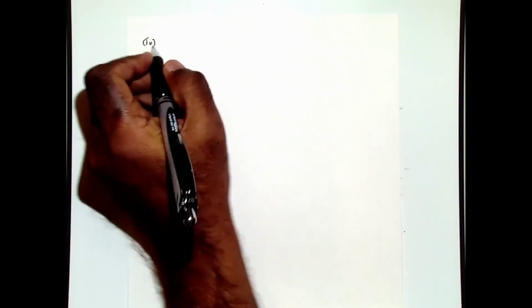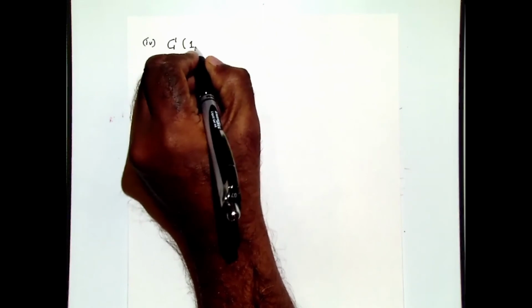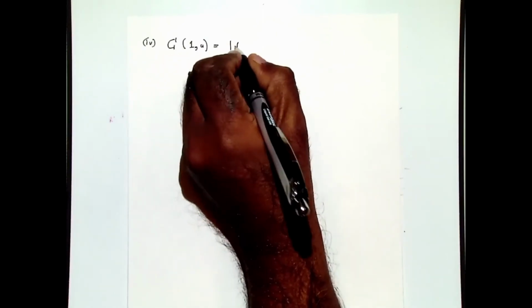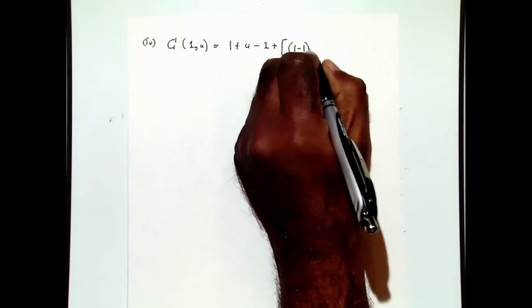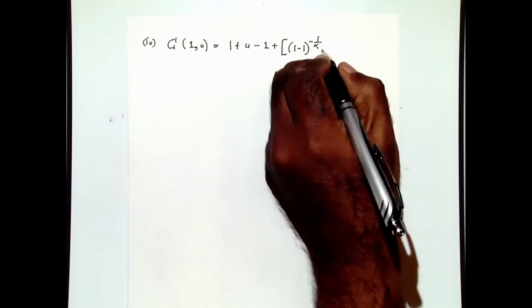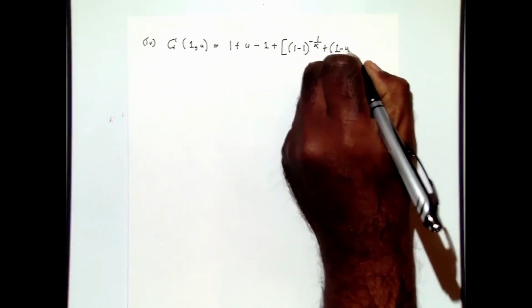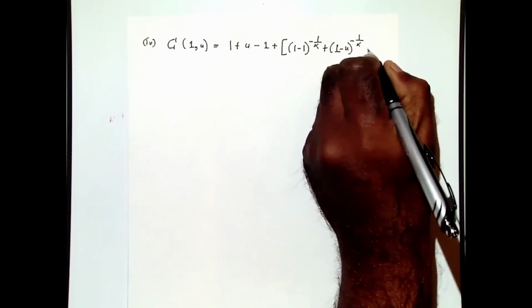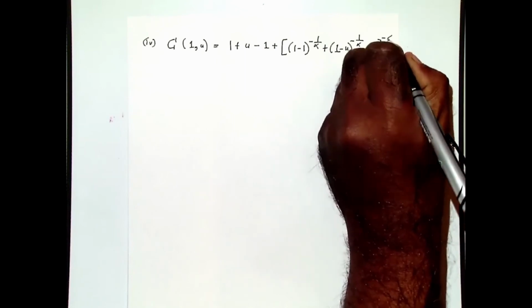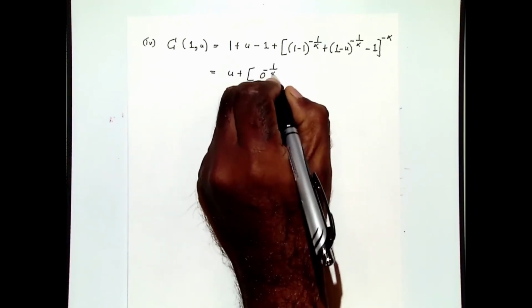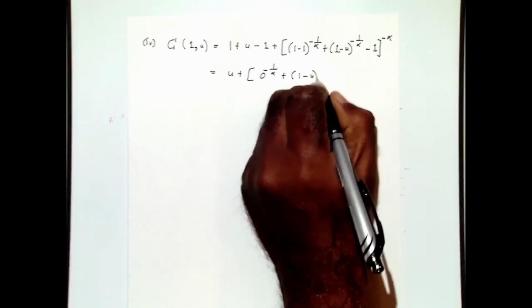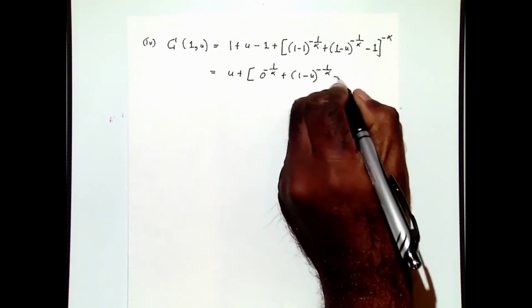Condition 4 is similar, so let me do that. So condition 4, let's see, C of 1 comma u, 1 plus u minus 1 in brackets, 1 minus 1, yeah, so this is u plus 0 to the negative power plus 1 minus u minus 1.